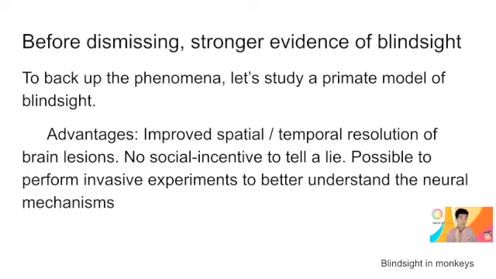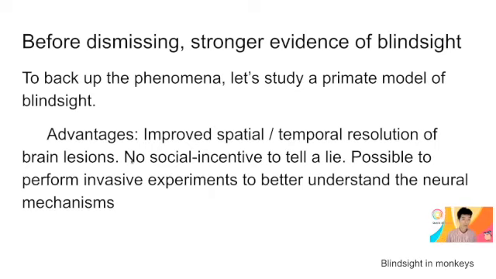Unlike with blindsight patients, researchers can control the spatial location and boundary of the lesion, and also the timing of the lesion. In the case of patients, we don't know whether some kind of plasticity is happening, and we also don't know when exactly the lesion happened. That's something we can control with the monkey model.